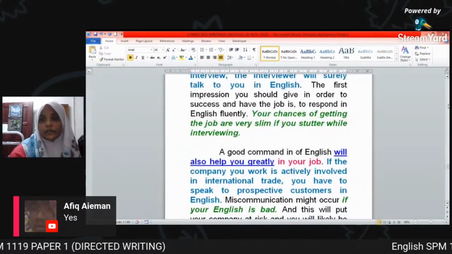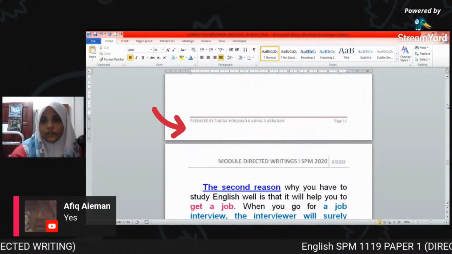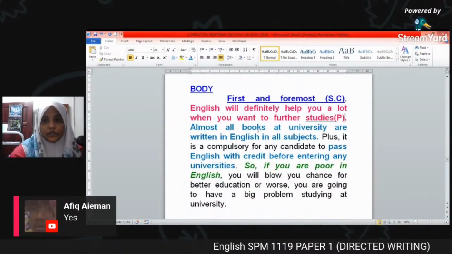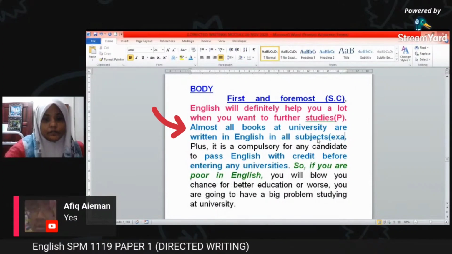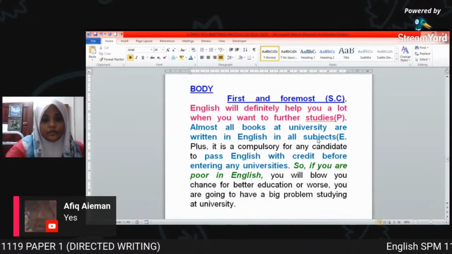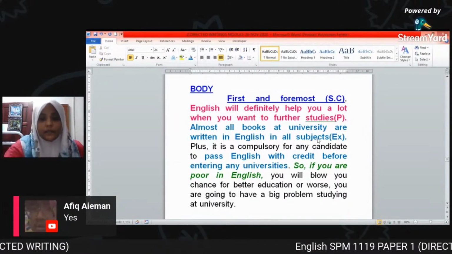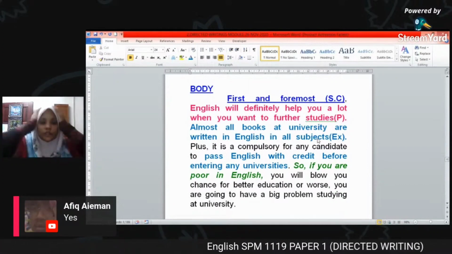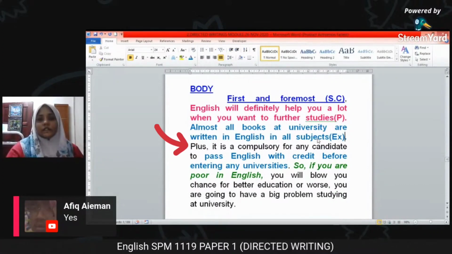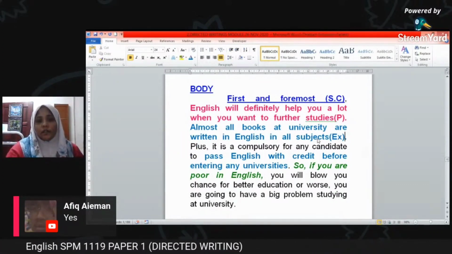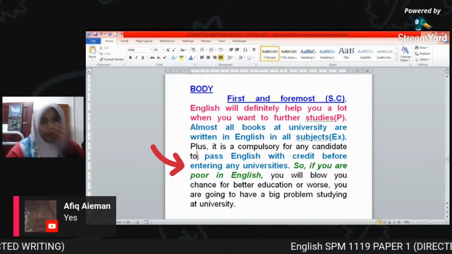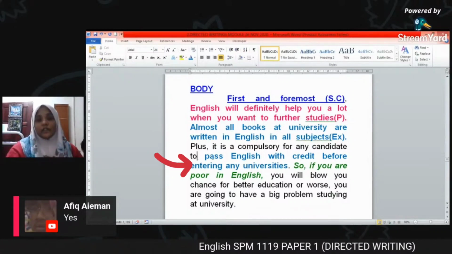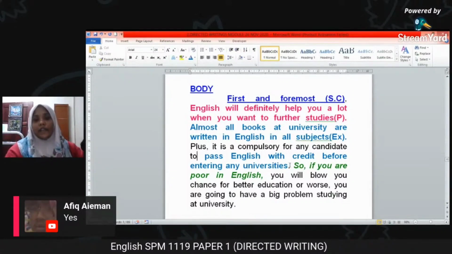Okay, examples. Thus, it is compulsory for any candidate to pass English with credit before entering any university.